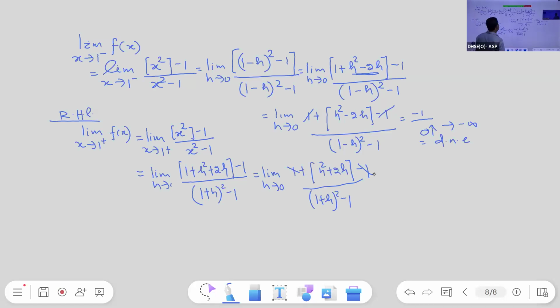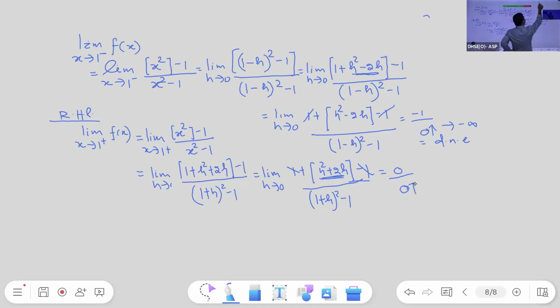Okay. Now the analysis stage. Shruti, you see h approaching 0, so h square is also approaching 0, and 2h approaching 0. h square plus 2h approaches 0. This value lies between 0 and 1, and its bracket value is absolute 0. And the denominator is approaching 0. Absolute 0 divided by a quantity approaching 0.